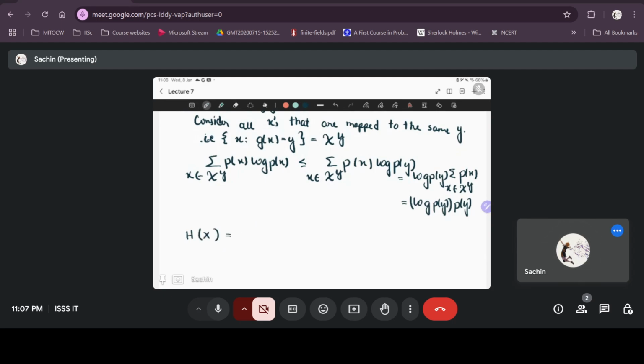The entropy h of x is minus the summation of p of x log p of x over all x.